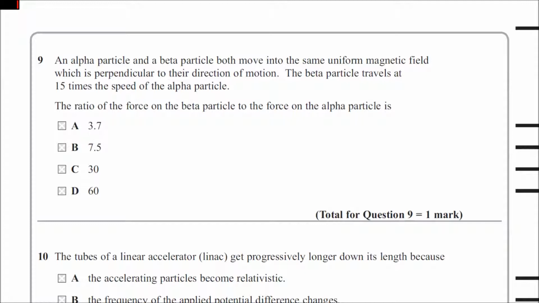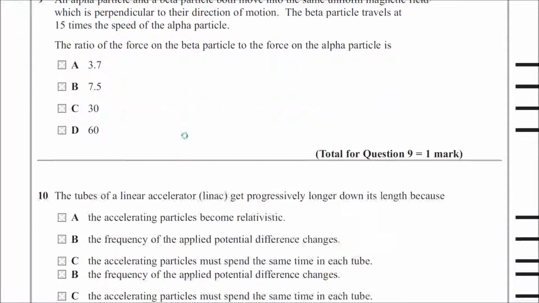The force on a beta, again, BQV. B is constant, still B. This time Q is -1, and this time the velocity is 15. So this is minus 15B. I don't think we're going to be interested in that sign. The ratio of the force for 2 to 15 is 7.5, so it's B.